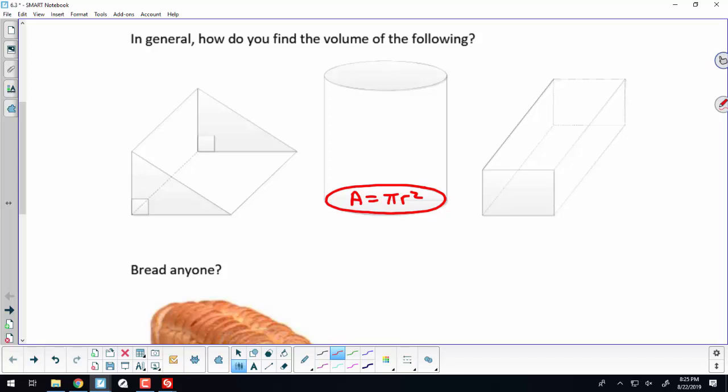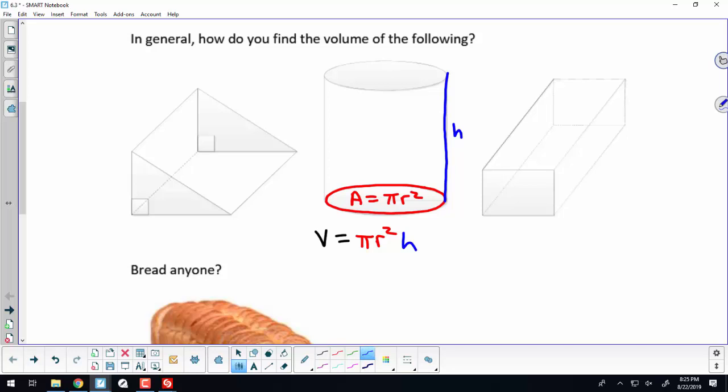Since it's a symmetric figure, I can take this circle and extend it. We'll call this length h. So I have an area times a linear measure, which gives me three dimensions, a volume. So volume is pi r squared times h.